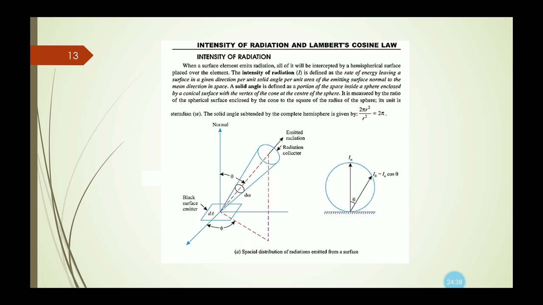The unit of this solid angle is steradian, sr. Now the solid angle subtended by the complete hemisphere is given by 2 pi r square divided by r square. That is, for a complete hemisphere, the value of the solid angle is 2 pi. So the diagram for the intensity of radiation and for the solid angle is given here.